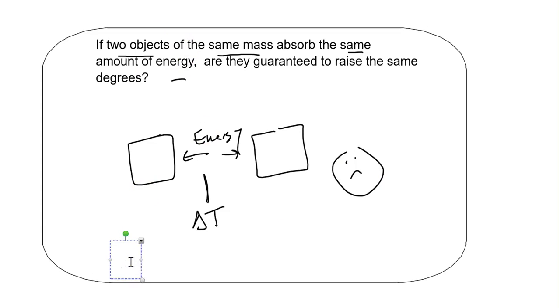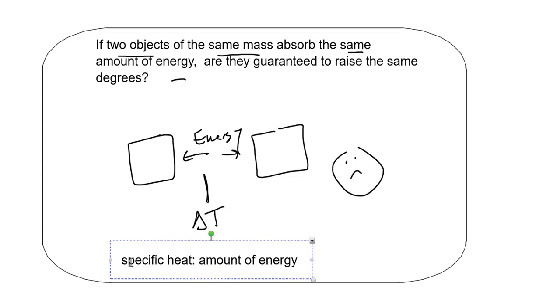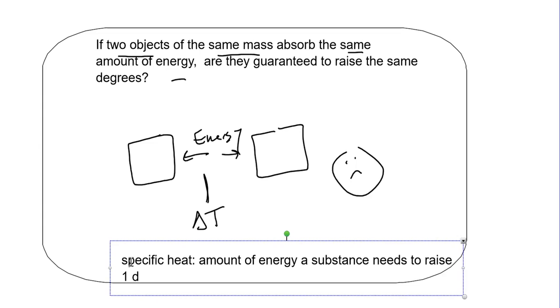So even if you have the same mass and same temperature, specific heat is, for particular substances, the amount of energy a substance needs to raise 1 degree Celsius. Not everything has the same specific heat. Some things inherently take more energy than others do.